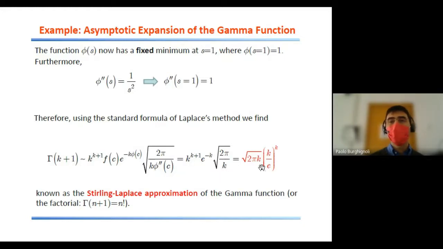Or if you compact everything, you can write, as in this red expression, the square root of 2 pi k times the kth power of k over e, which is known as the Stirling approximation, or Stirling-Laplace approximation, of the gamma function, or equivalently of the factorial, because you may remember that the gamma function evaluated at the argument n plus 1, where now n is an integer, is equal to the factorial of the number n. So we have the Stirling approximation of the factorial.